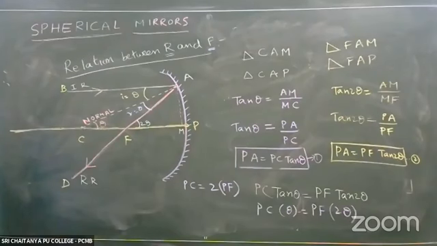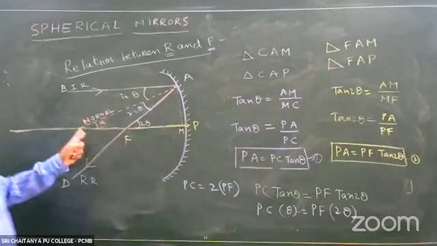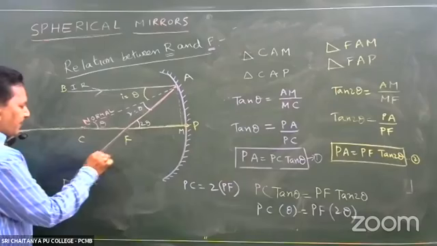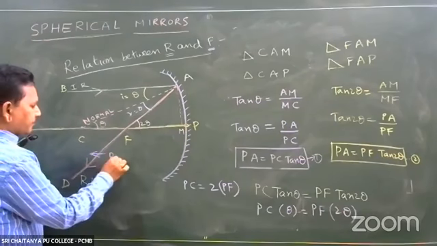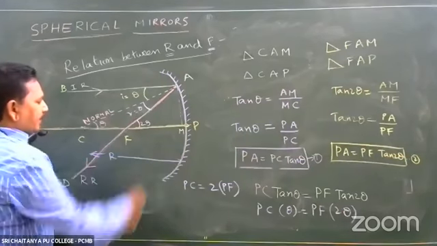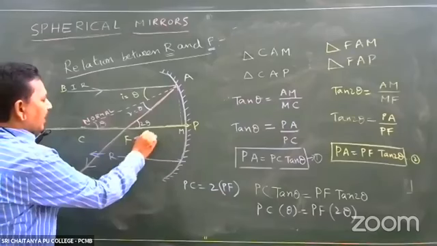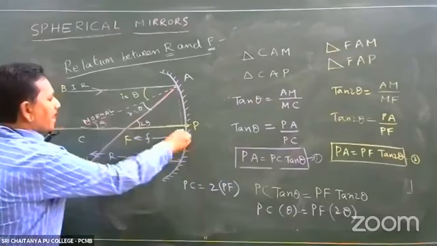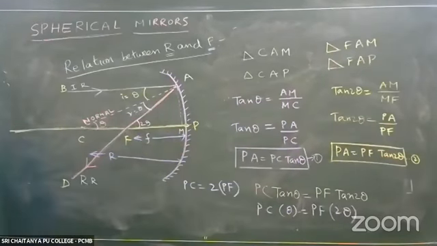PC means P to C, the radius of curvature. PF means the focal length. But in optics, sign conventions are most important.